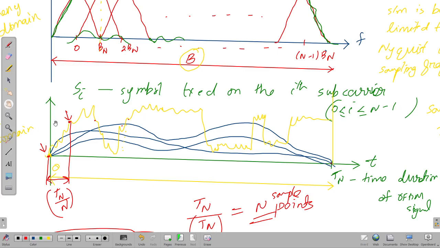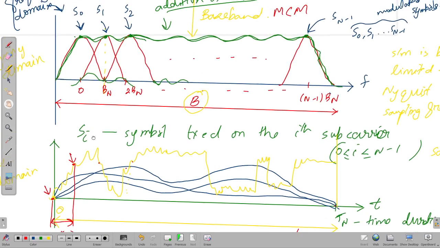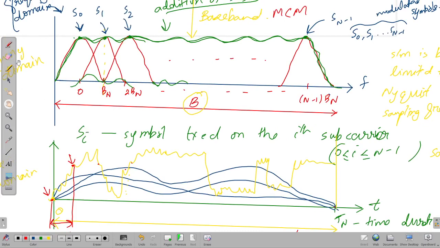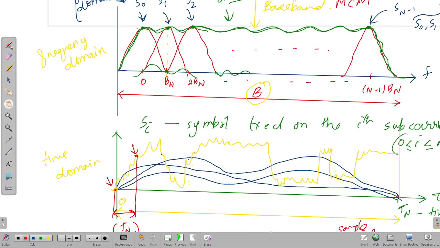So how will I generate equivalent time values from a frequency domain signal? That is the process of IDFT, the inverse discrete Fourier transform. From the frequency signal, I'm trying to generate the sampling points in time.